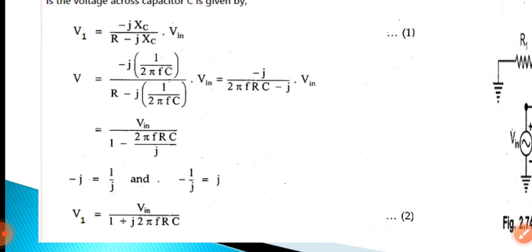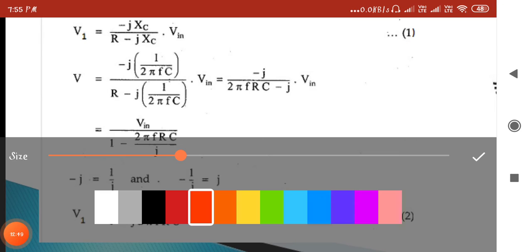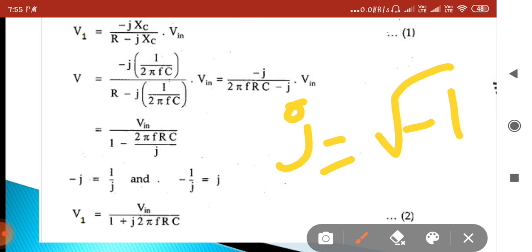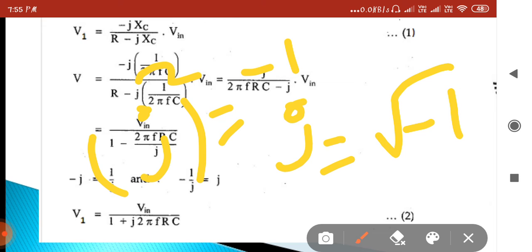V1 equals what? j equals minus root 1. j square equals minus 1.